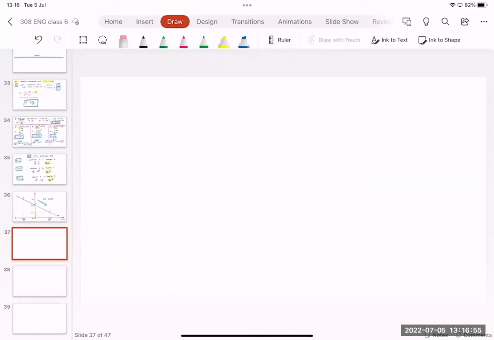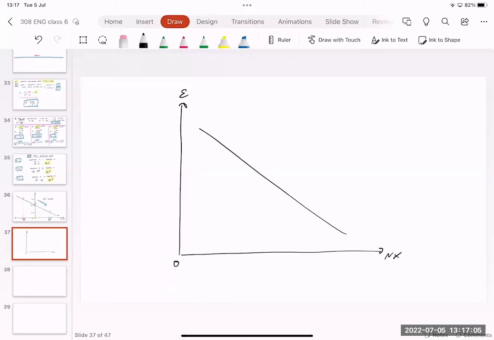So I can draw the graph like this. On the horizontal axis is NX, on the vertical axis is the real exchange rate. I cut down only the positive area. I have an NX curve like this, and it always has a negative slope.